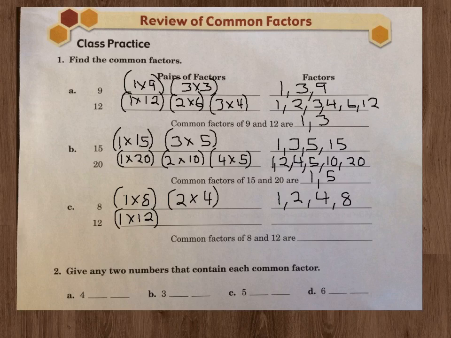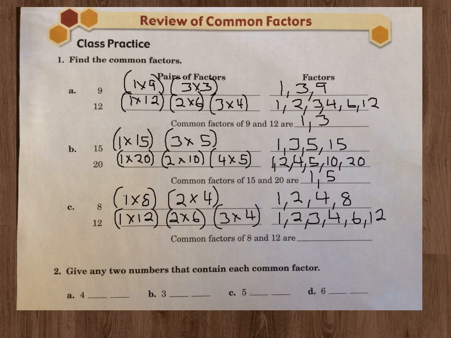Ends in a 2. 2 times 6. And then 3 times 4. And so our factors would be 1, 2, 3, 4, 6, and 12.